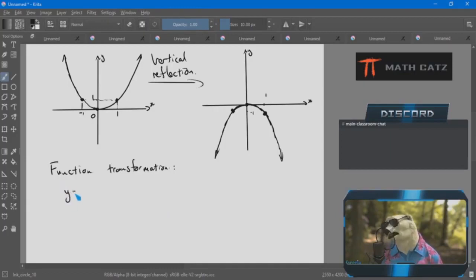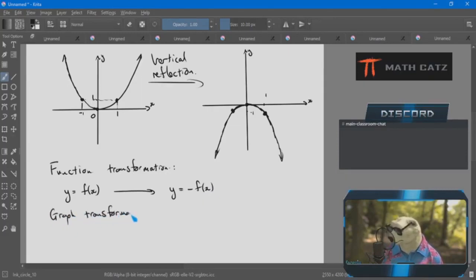So if I have my function, could be x squared, could be something else, and that changes to the same but negative, then my graph transforms by way of a vertical reflection.